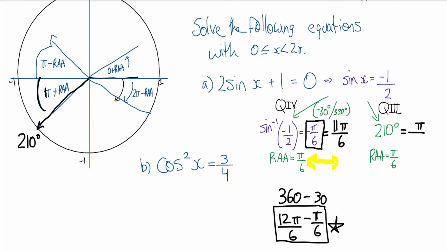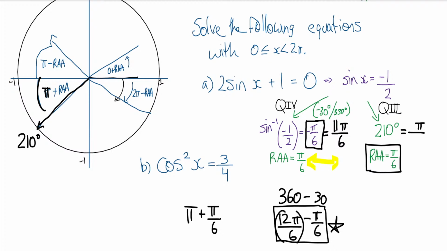Which is a whole pi, so not 2 pi's. The question is pi plus the related acute angle. What is the related acute angle? The related acute angle is pi over 6.